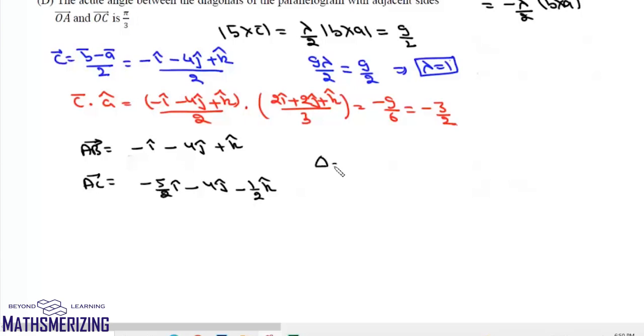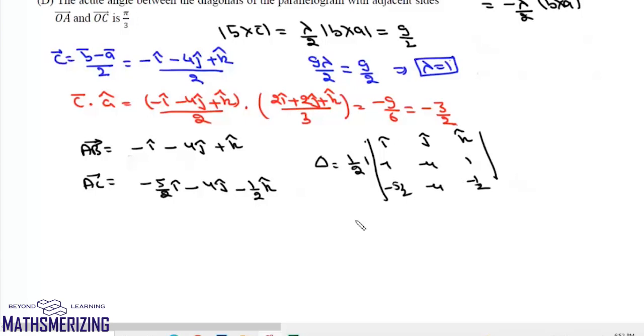Now area of this triangle will be 1 by 2 into mod of this determinant, which is i, j, k, and minus 1, minus 4, 1, minus 5 by 2, minus 4, and minus 1 by 2.